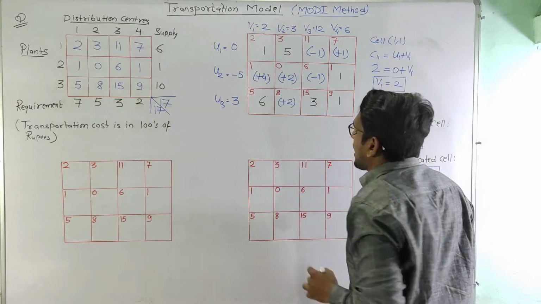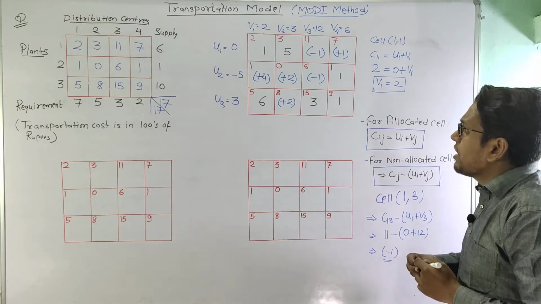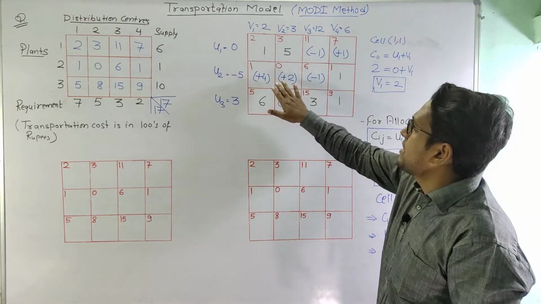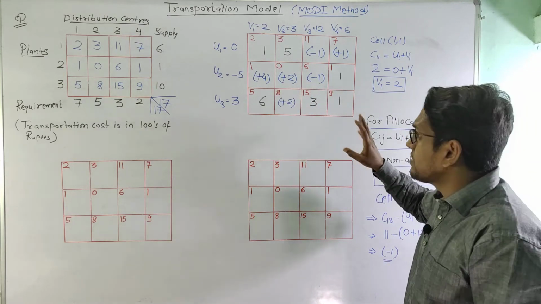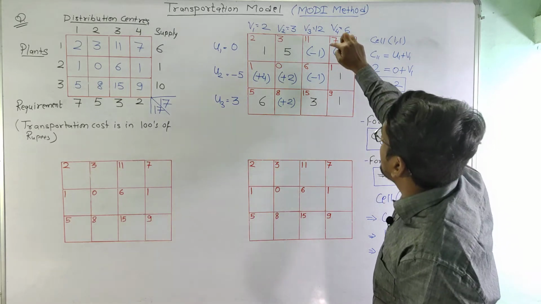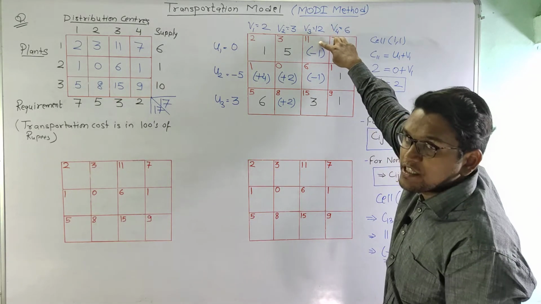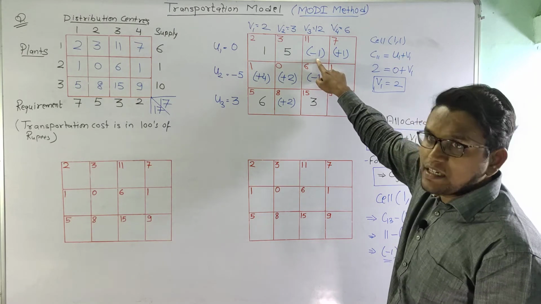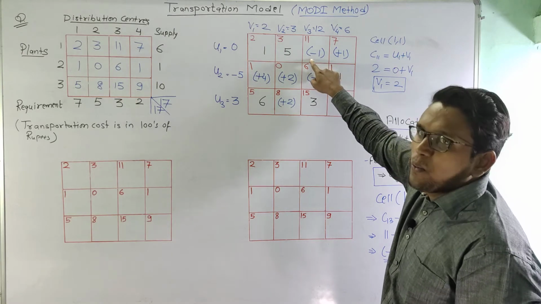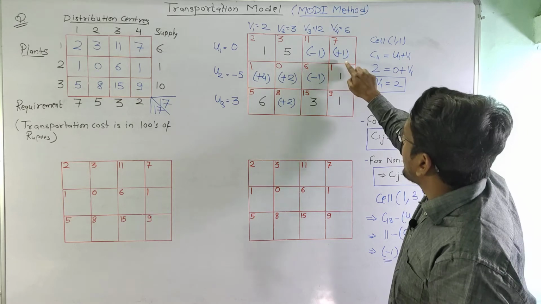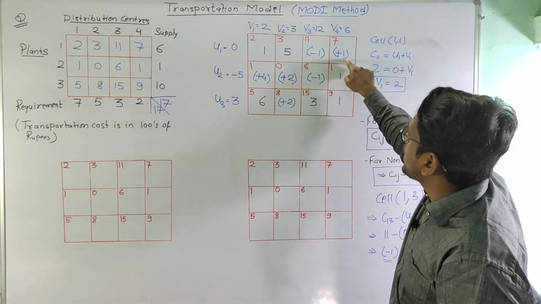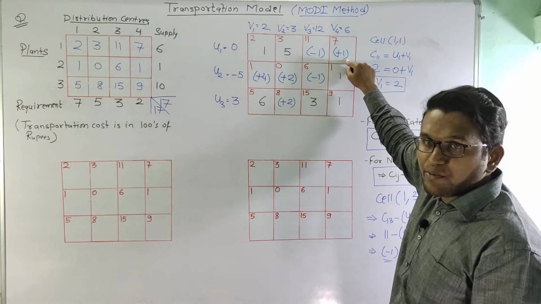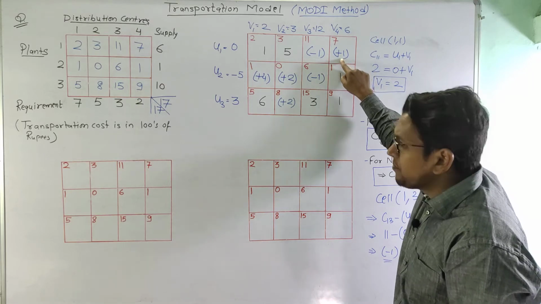So here we have calculated the values at the non-basic cells, and what this value suggests is that if I allocate 1 unit in this particular cell, the overall transportation cost will decrease by 1. Similarly, if I allocate 1 unit in this particular cell, the overall transportation cost will increase by 1.